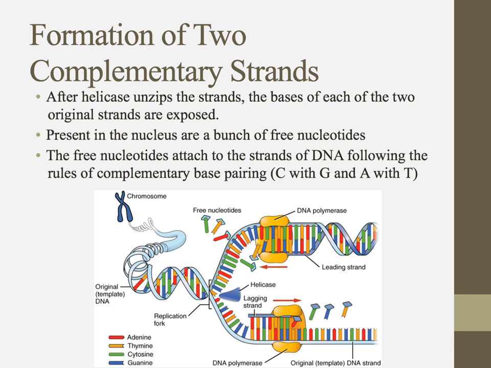So wherever there's an exposed G, then a free C is going to bind there, okay? Wherever there's an exposed A, okay, we're going to attach a free T molecule. So that complementary base pairing is really important in DNA replication.